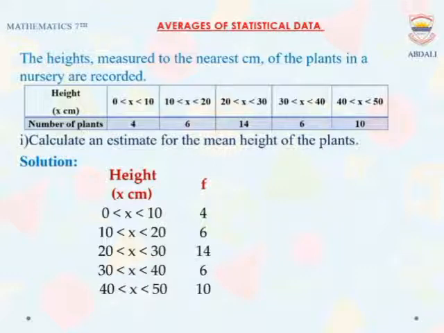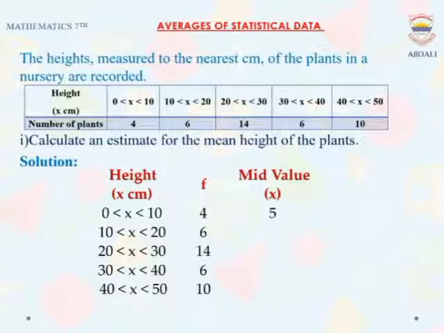Now we have to find midpoints in our data. So class, what are midpoints? Midpoints are the middle values of our intervals. Like from 0 to 10, what is our midpoint?